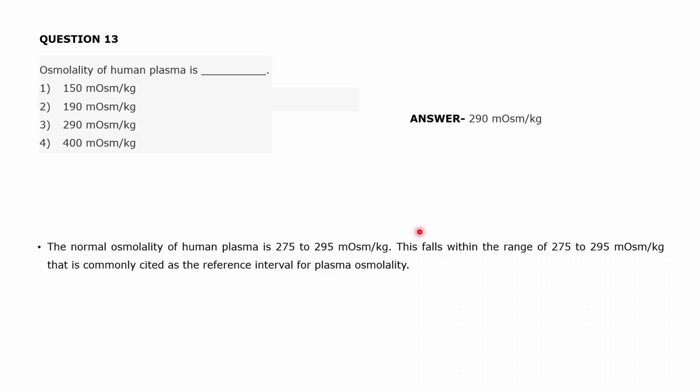So it lies between 275 to 295, and based on this question, option number 3 is the right answer: the osmolality of human plasma is 290 milliosmoles per kilogram. This is the unit that you have to recognize. Whenever you are stating a value, you should know what the unit is, and you should describe the unit also. Anyone has any doubt regarding this?